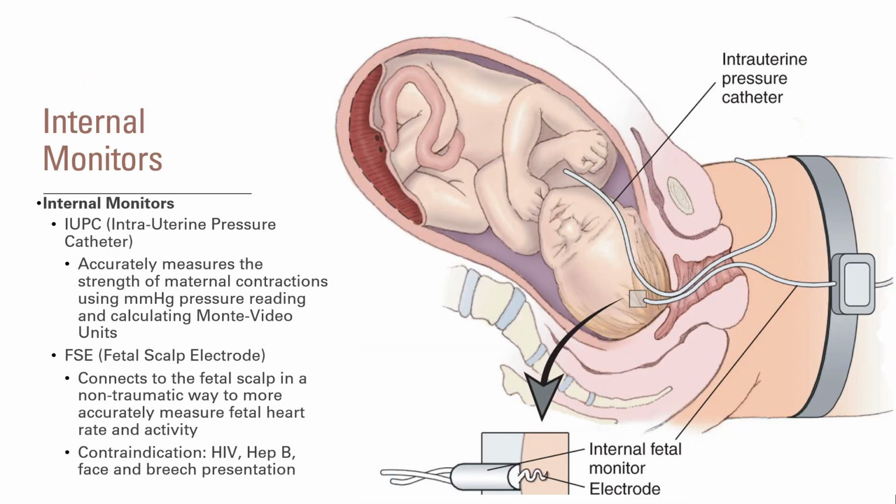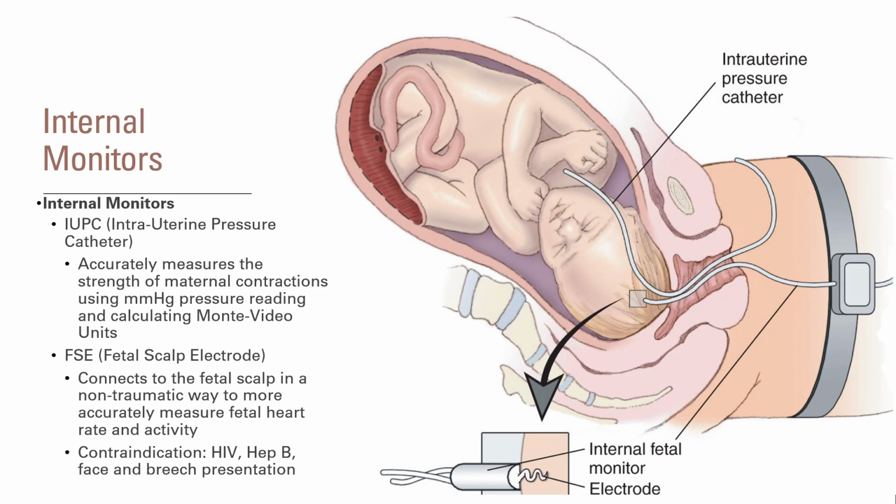There will be occasions where we need internal monitors, but before we place an internal monitor, we have to make sure that the patient's membranes, the amniotic sac, are ruptured, because in order to monitor the internal strength of the contractions or any of the fetal heart rate tracing, the membranes must be ruptured. So the first device is called an IUPC.